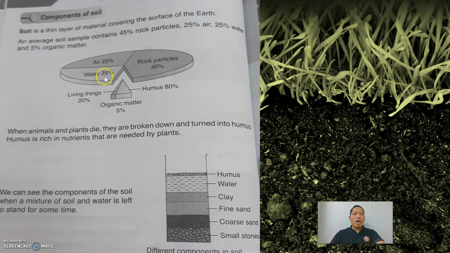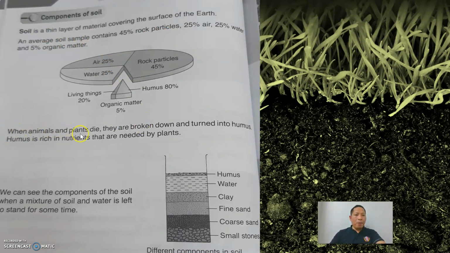How about how many percent in water? And how many percent of air? Now please remember this because we'll have an activity after. And remember also the percentage of each segment of this soil. Okay, now let's proceed.